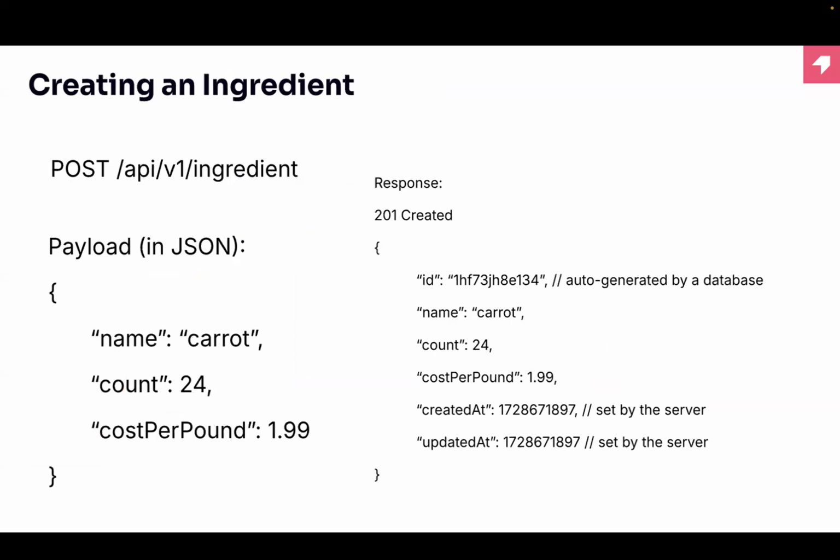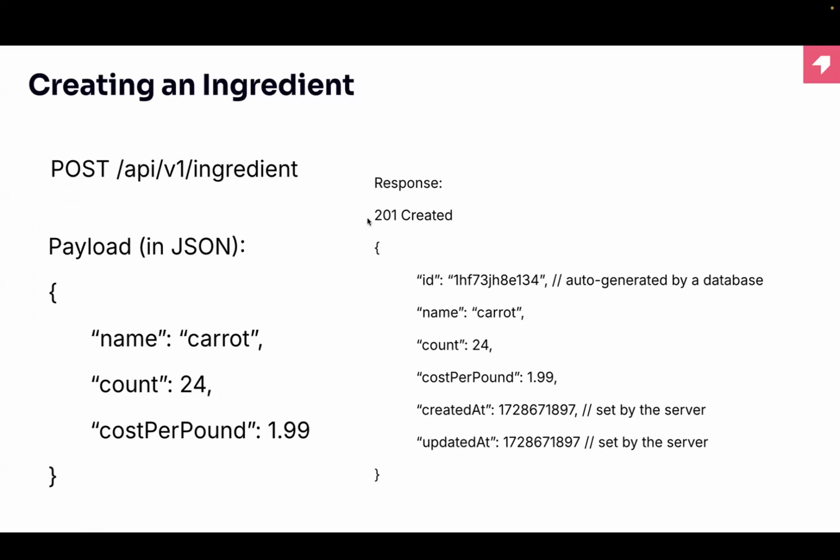So next, I'll go over what some of these APIs would look like. If we want to create an ingredient, say we hit this endpoint from your application, and we want to give it a payload. So we want to give it some information on how to create this object. Say I just want to create some carrots. There's 24 of them, and they cost $2 per pound.